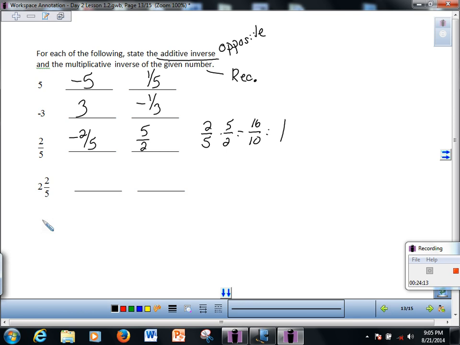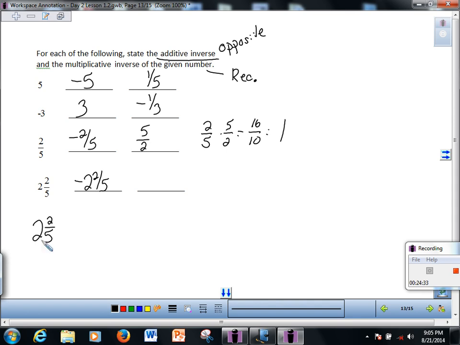Now, 2 and 2/5 is a little bit different. The additive inverse is pretty darn easy. It's -2 and 2/5. But now I've got to find the reciprocal of that. So, kind of a trip down memory lane, I need to turn 2 and 2/5 from a mixed fraction to an improper fraction.